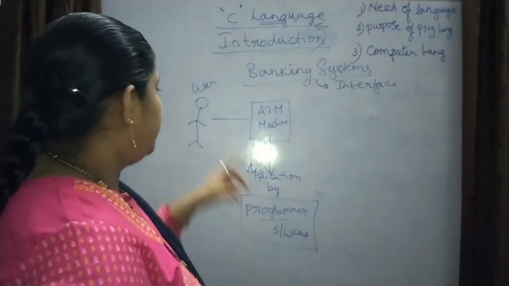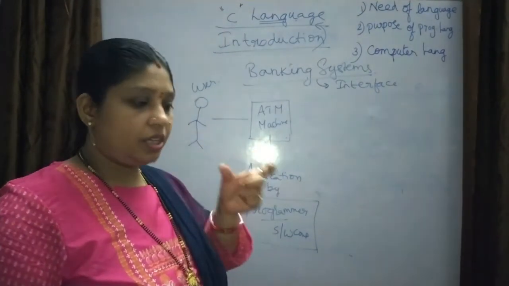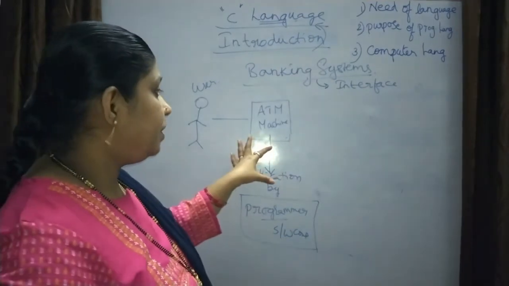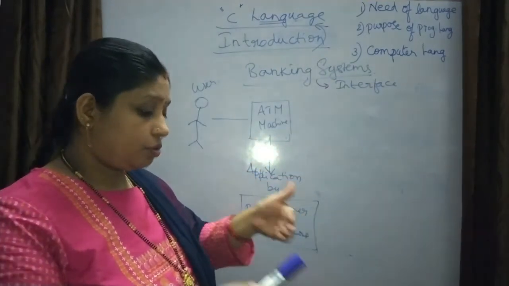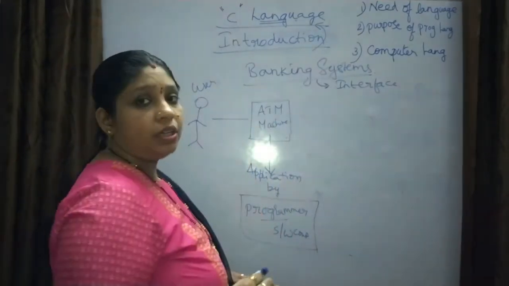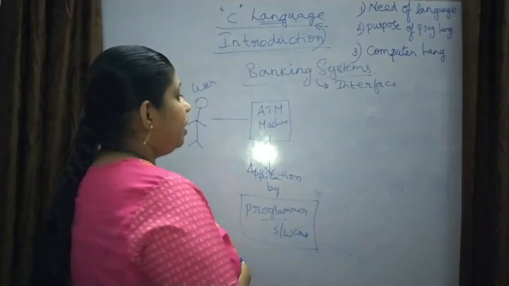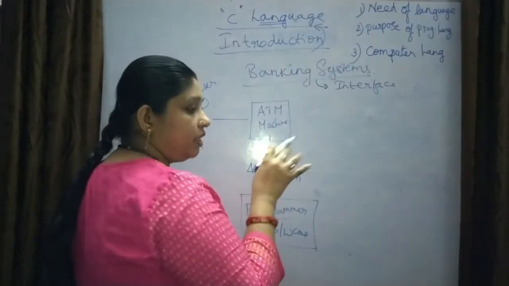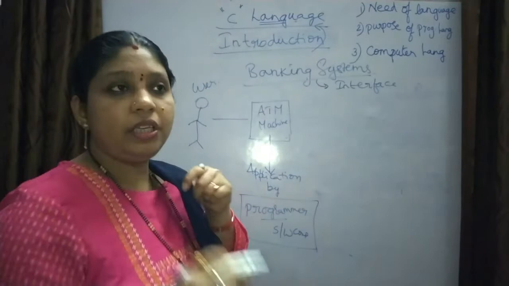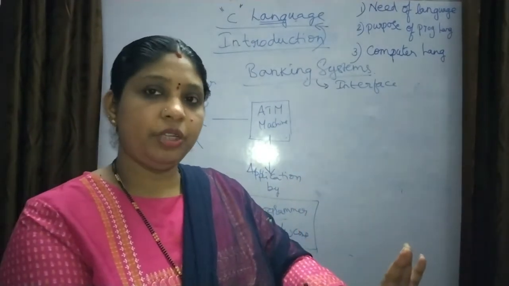Now this user will come to the ATM machine, and he will just keep that card inside, and he will draw the money. How is he drawing? First, when he enters into the ATM machine room, what happens when he switches on or touches, whatever he wants, what will he be doing there?